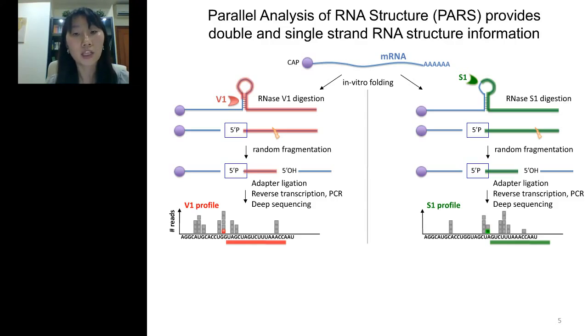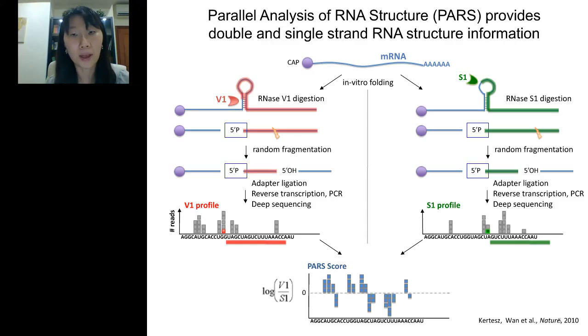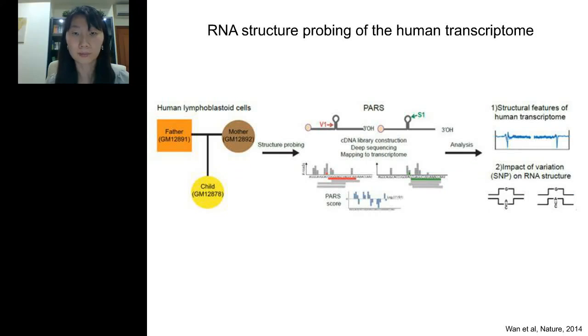When we have double- and single-stranded information together, we can calculate a PARS score, which is basically a probability of how likely it is to be double- or single-stranded at a particular base. The more positive the PARS score, the more likely it is to be double-stranded, and the more negative the PARS score, the more likely it is to be single-stranded.